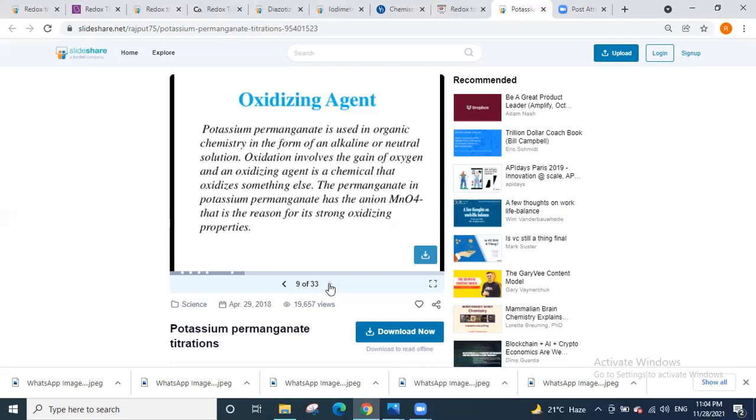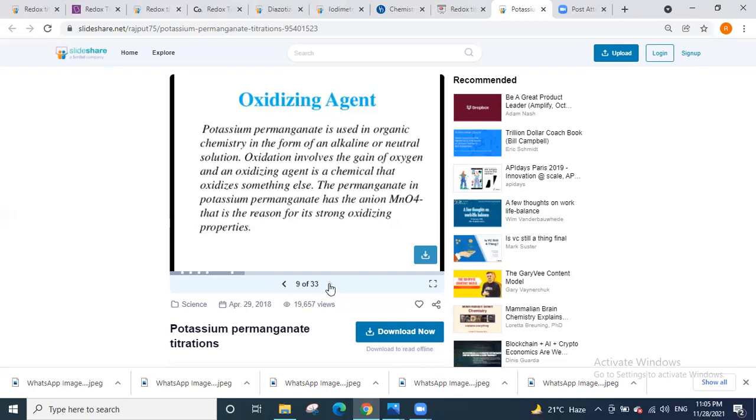Now KMnO4 has a redox potential of 1.5 in acidic media, and the redox potential of potassium dichromate is 1.33. So which one is stronger? That is KMnO4, which has a value of 1.5.